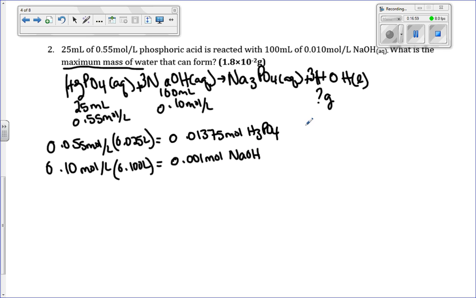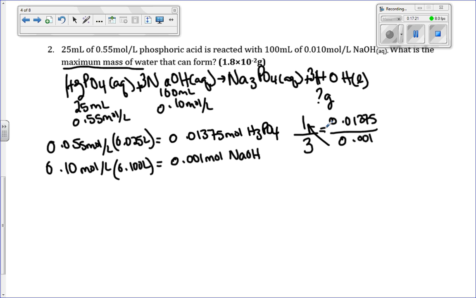The next step is to look at the mole relationship. We have 1 mole of phosphoric acid to 3 moles of sodium hydroxide in the reaction. And we've calculated out that we have 0.01375 moles of phosphoric acid to 0.001 moles of sodium hydroxide.